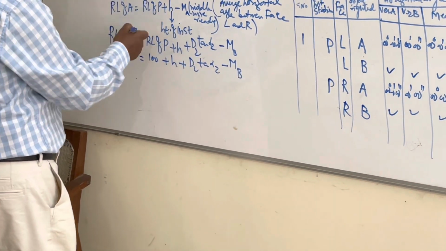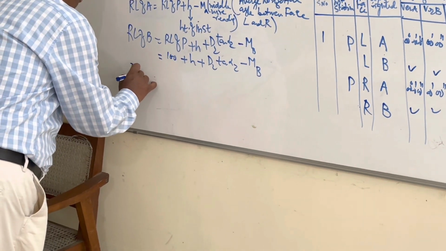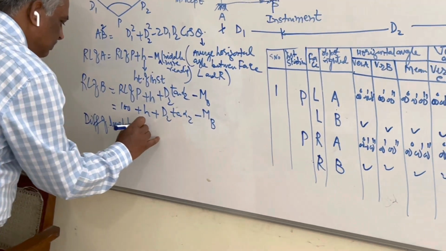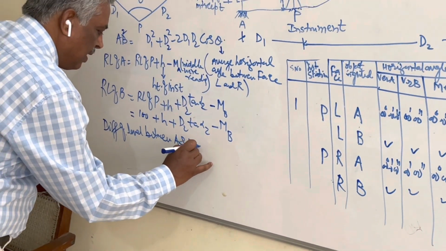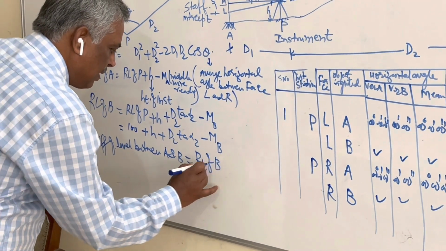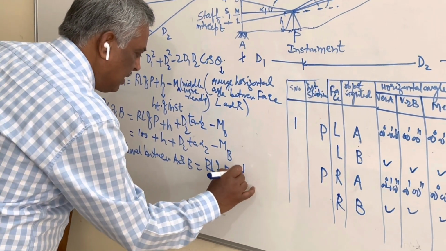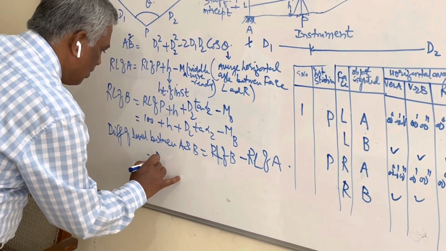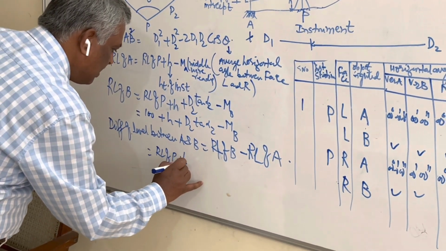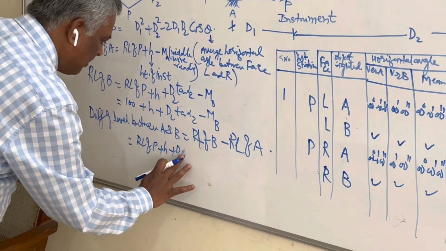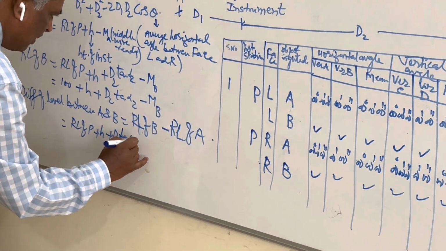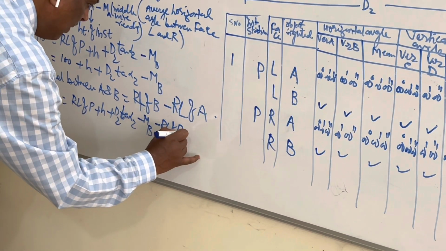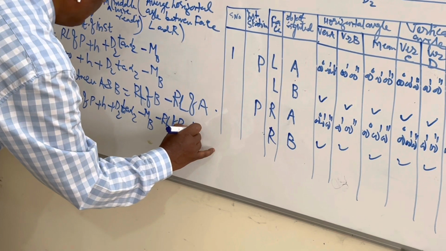You are not assuming then, even then they cancel out. Difference of level between A and B. So RL of B minus RL of A. What will happen? So RL of P plus H plus D2 tan alpha 2 minus MB minus RL of P minus H plus MA.